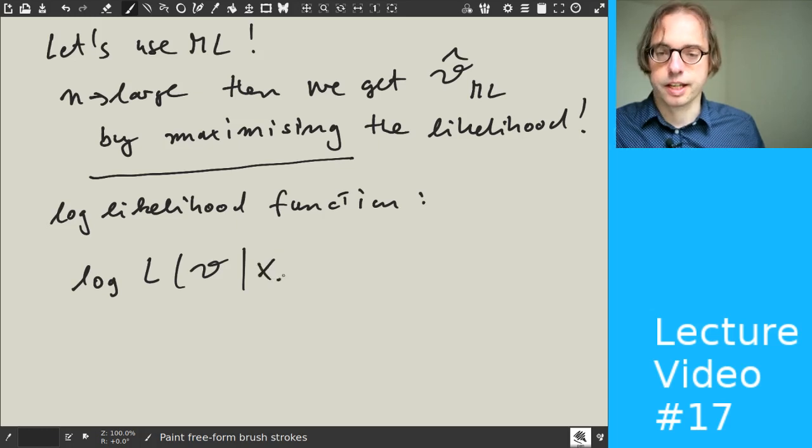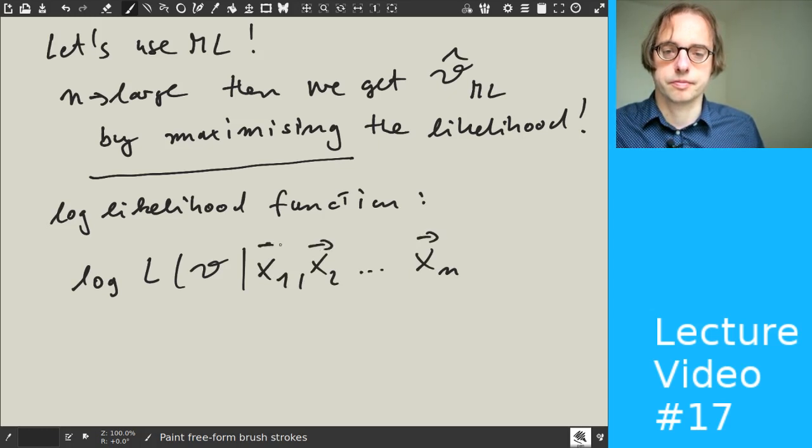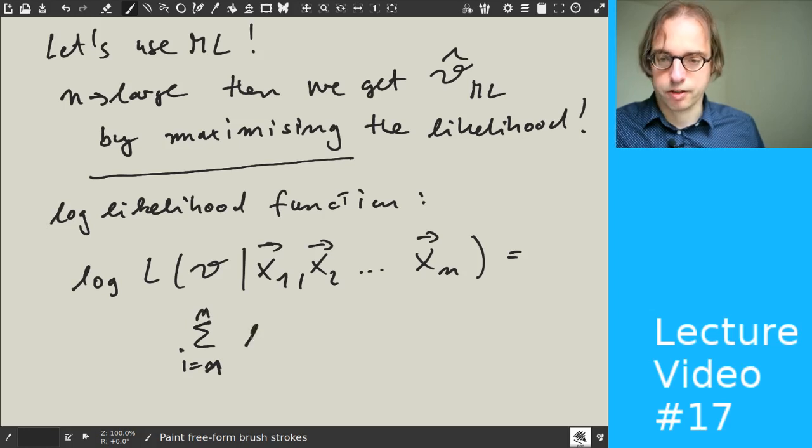Then x1, x2, up to xn is our data. And that is given by the sum from i equals 1 to n of log, and then we write down our mixture density.